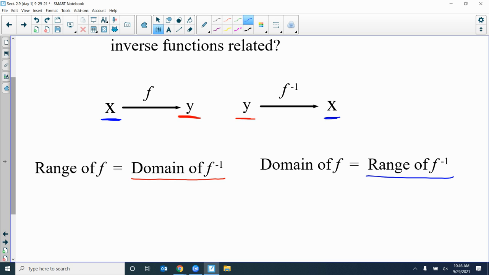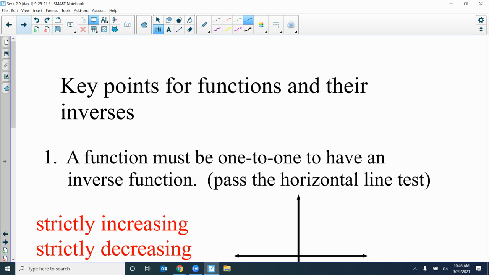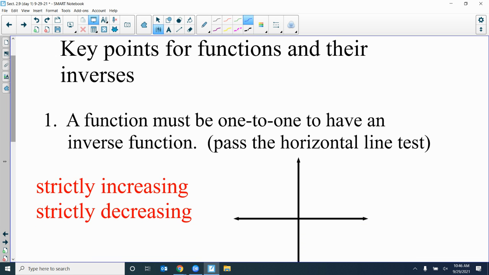All right, once you have that, I think we're done with the bottom there, right? Flip it over to the other side. This is just a quick summary of everything we've gone over. A function must be 1-to-1 to have an inverse function. Now, if it's not 1-to-1, it'll have an inverse, but it just won't be a function.